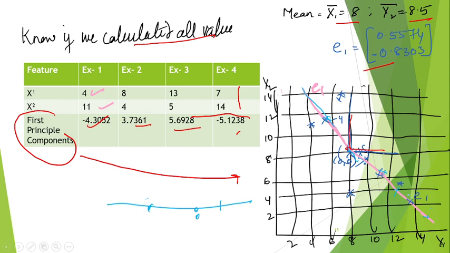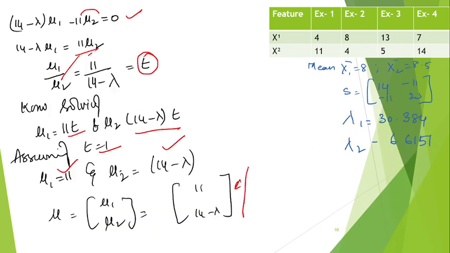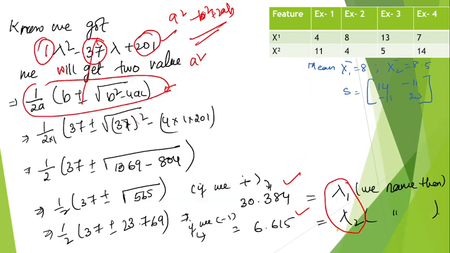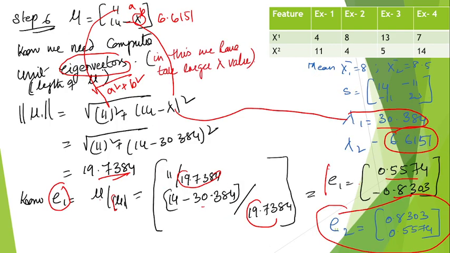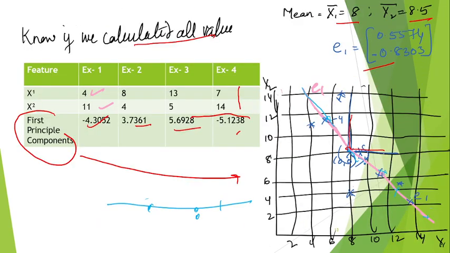So what we have done is we have made these two into one line. And if I go for E2, let's take an example. What is my E2? It will be here. Yes, 0.8 and 0.53. 0.8 and it should be here. So my E2 will be coming like this. If you see it, it is my E2, perpendicular to each other. This is how we derive our first principal component.